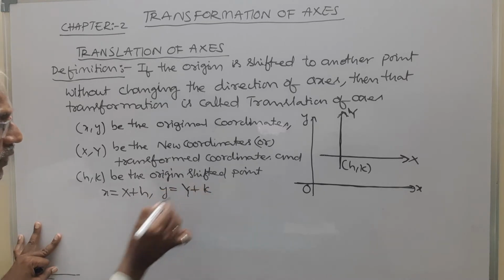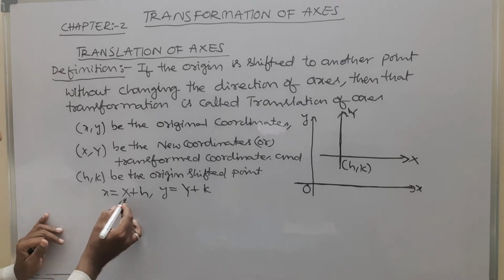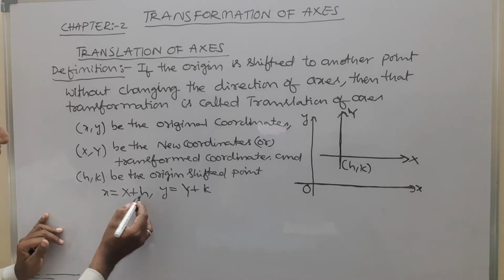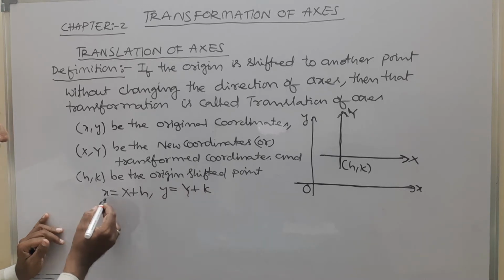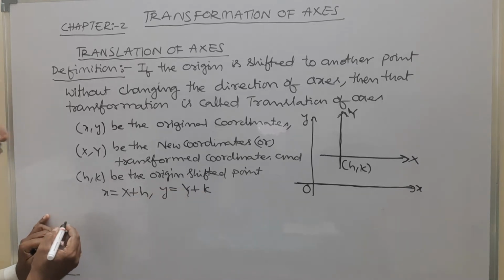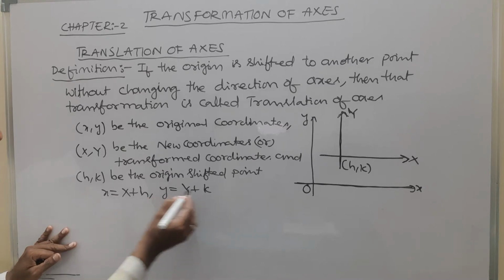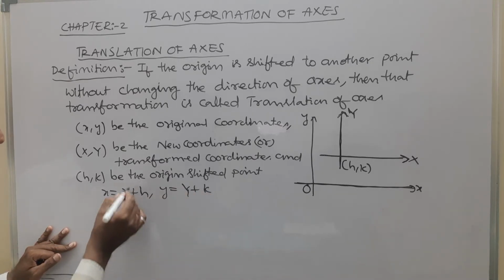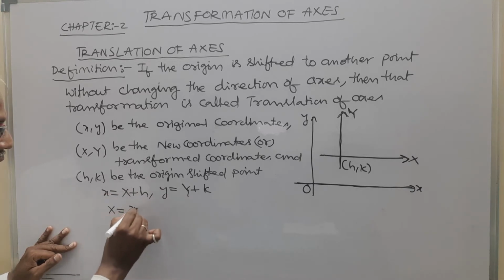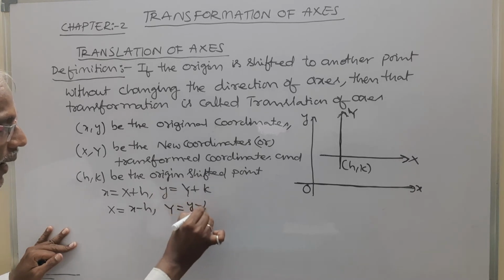Here, in the question, if capital X and capital Y are given and the origin shifted point (h, k) is given, to find small x, small y: small x is equal to capital X plus h, small y is equal to capital Y plus k. If the original coordinates small x, small y and the origin shifted point (h, k) are given, then to find capital X, capital Y: capital X is equal to small x minus h, capital Y is equal to small y minus k.